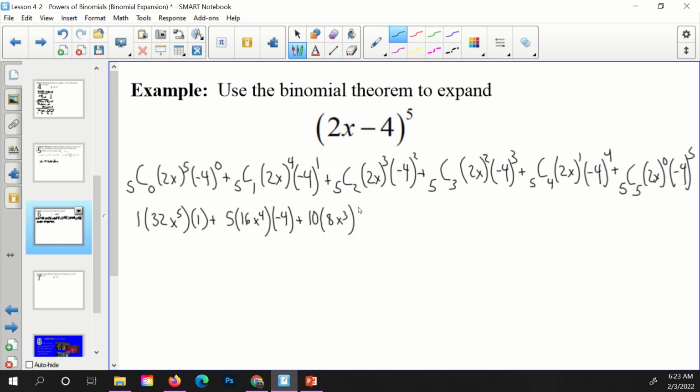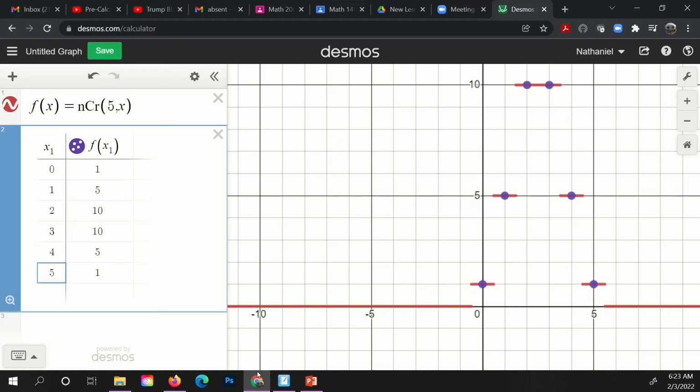Negative 4 squared is 16. 5c3 is 10 again.